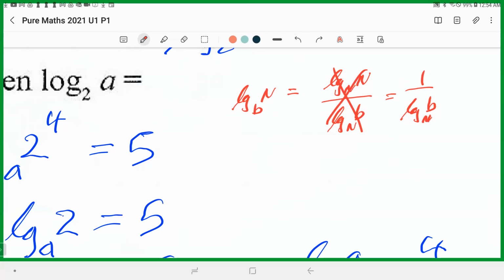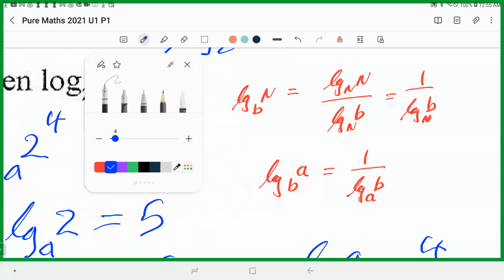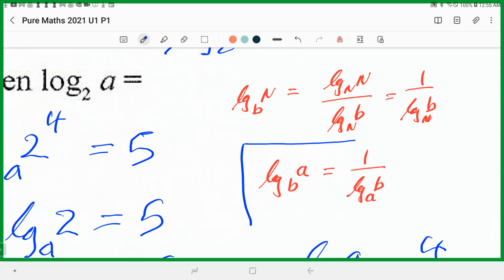So you can write using any other two values, m and n, or p and q, or a and b. The log of a to base b is equal to 1 over the log of b to base a. You have to know that, at the back of your hand.